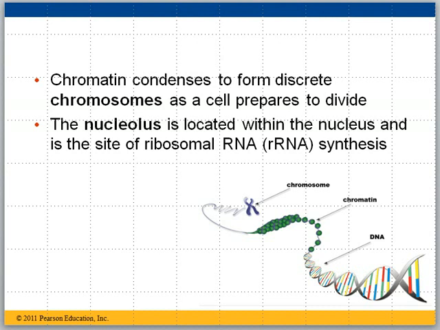Dogs have 39 pair, cats have 19 pair, but there are other creatures, like some simple plants, that have far more than humans, and then there are some things like dogs that have more and cats that have less. So there doesn't seem to be any direct correlation between the number of chromosomes and the complexity of the creature itself.